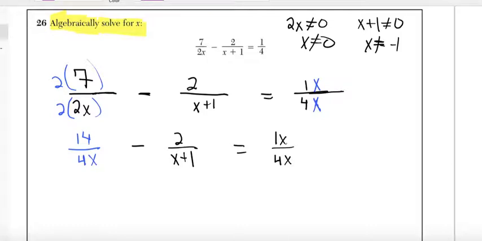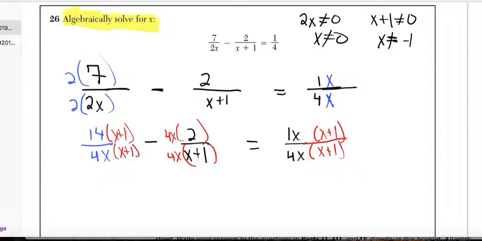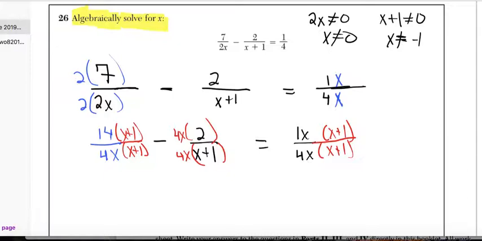So now that 1x is the same, right? There are so many ways I could proceed with this, but why not just continue to make the denominators the same? Now, if I just multiply 4x here, because that's what's missing, and we're missing x plus 1 here, we could have done it in one step, but I wanted to make it easier to see. Now the LCM, all of these have a denominator of 4x times x plus 1.